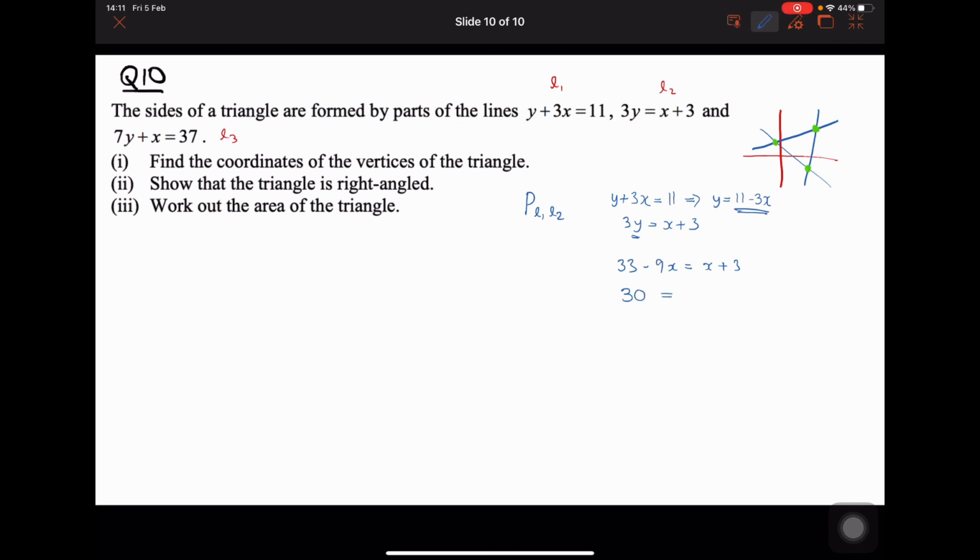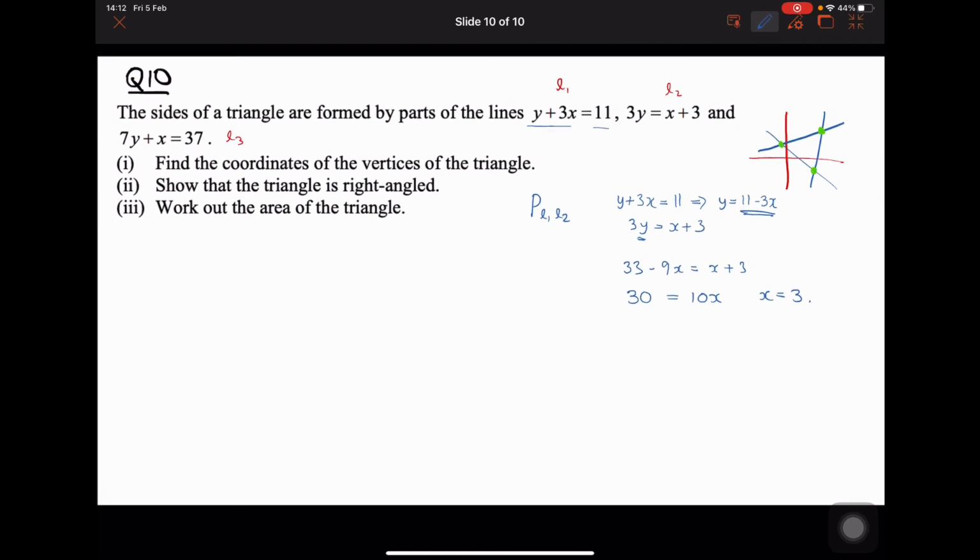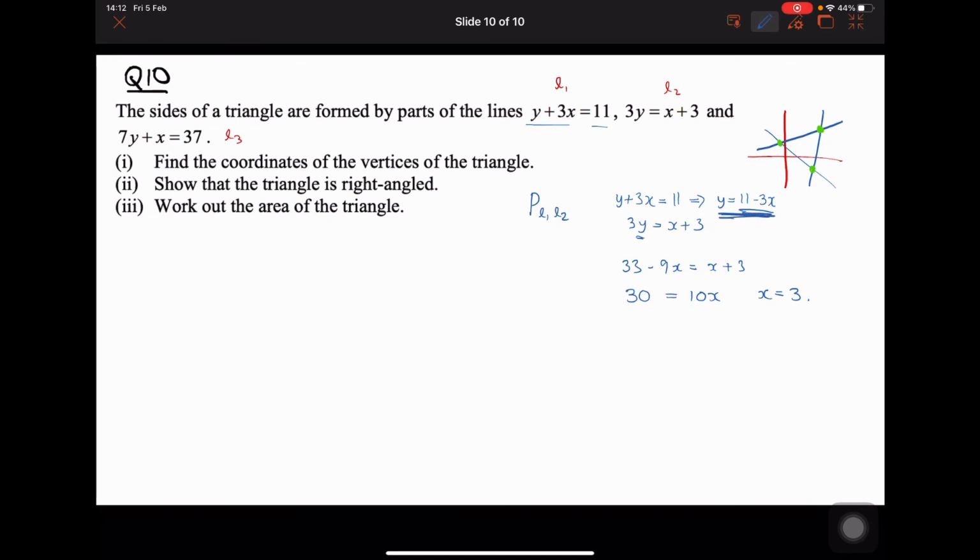Add 9x to both sides. So x is 3. So substitute that into this equation. We get y equals 11 take away 3 multiplied by 3, which is 11 take away 9, which equals 2. So the first point of intersection is 3, 2.